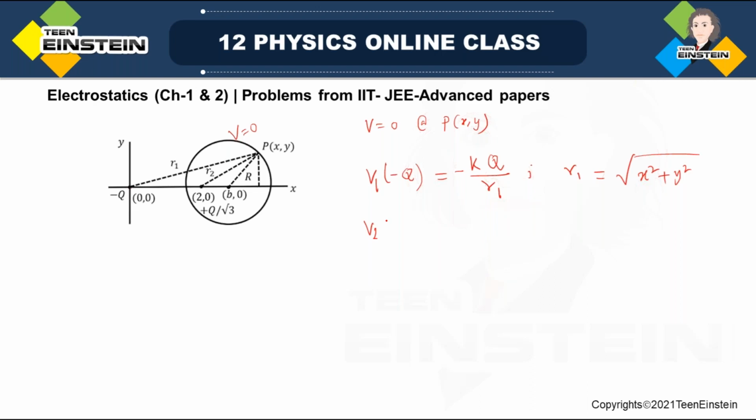Now you have to find out potential V2 for positive q by root 3.